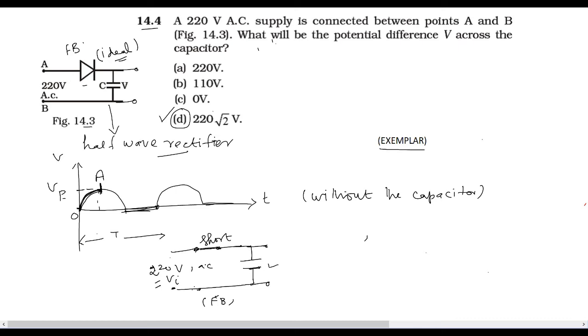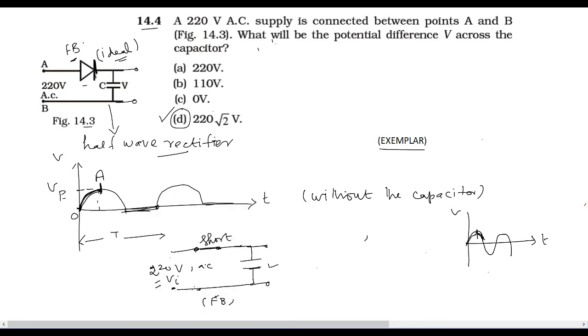Then after this, see, this will be the input, voltage versus time. Here the voltage decreases after reaching the maximum. But the N side has the capacitor voltage.